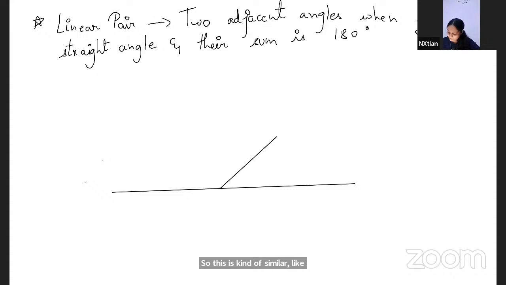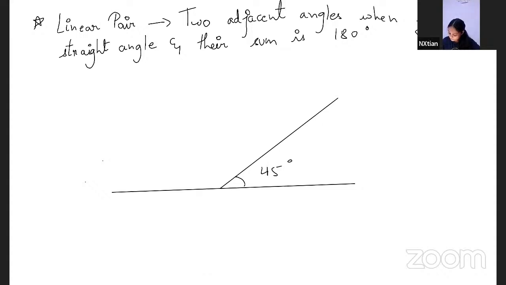Suppose I have an angle of 45 degrees and one more of 135 degrees.